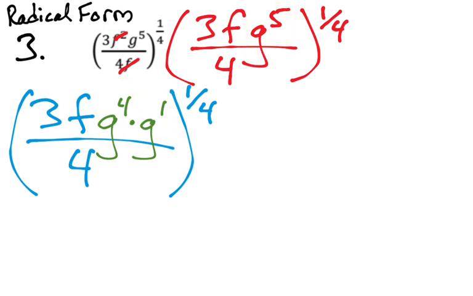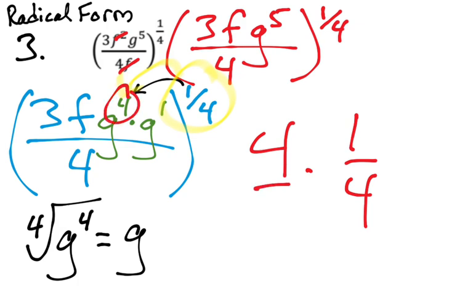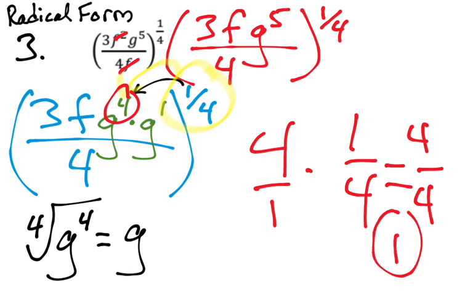You could do that without doing power over root, because when the power of 1/4 is distributed to all of the other exponents, you're just going to be doing a 4 multiplied by 1/4. And that power of 4 is really 4 over 1. And when you multiply 4 over 1 by 1/4, you get 4 over 4, which just reduces to 1. So it cancels out to a single g anyway, and that's just another way of thinking about the problem.